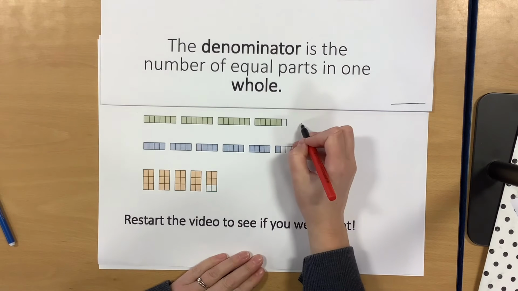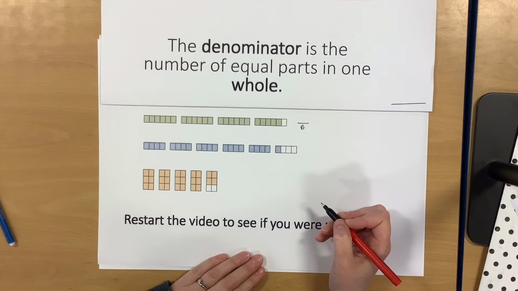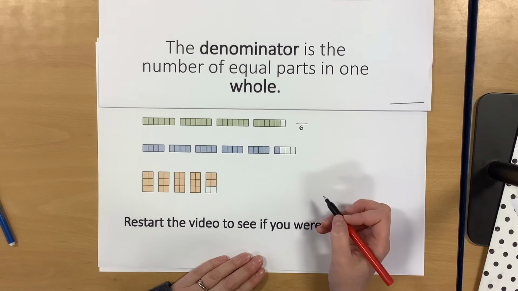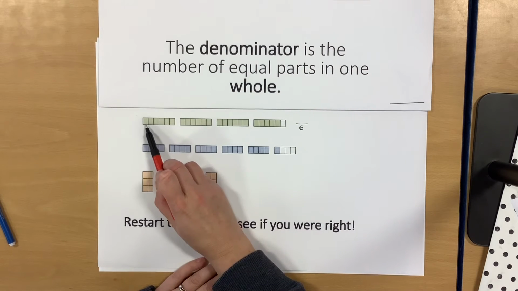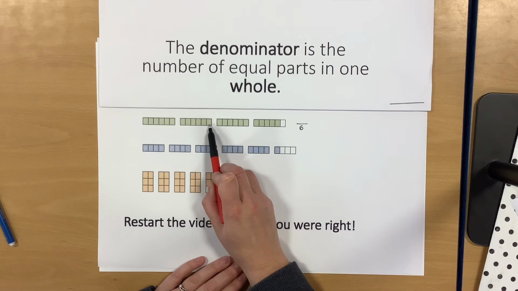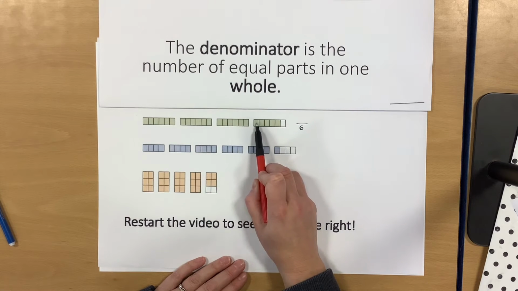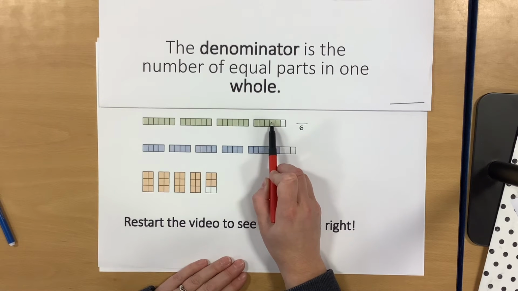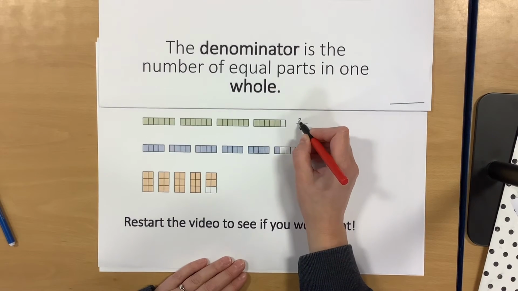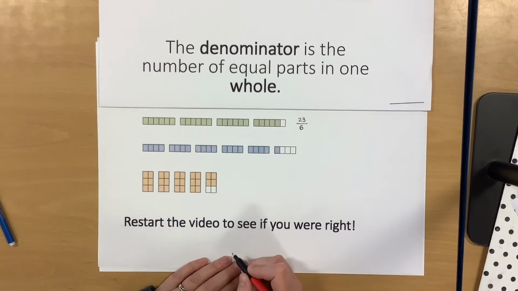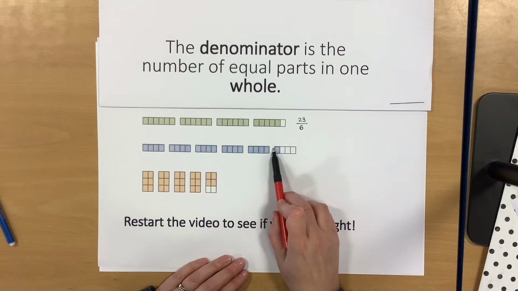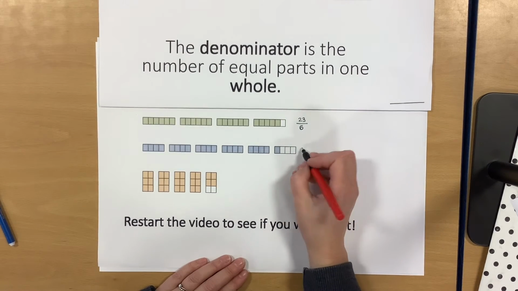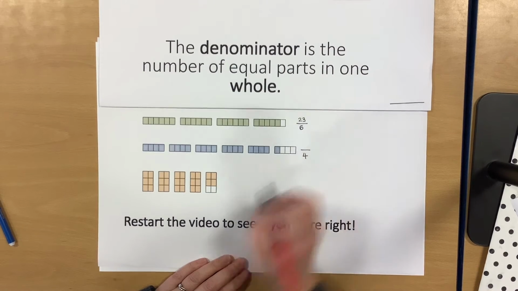So top one, the denominator was 6 because there are 6 equal parts in one whole. And then how many of them shaded in? 6, 12, 18, 19, 20, 21, 22, 23 sixths was your answer there. Let's have a look at the blue one. Well, there are 4 equal parts in one whole, so our denominator must be 4.